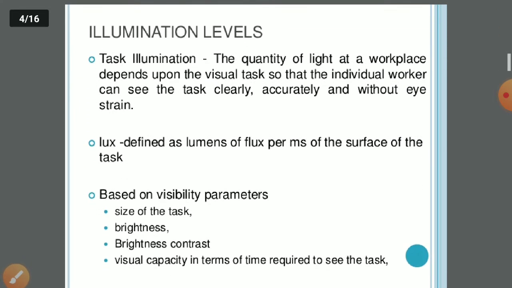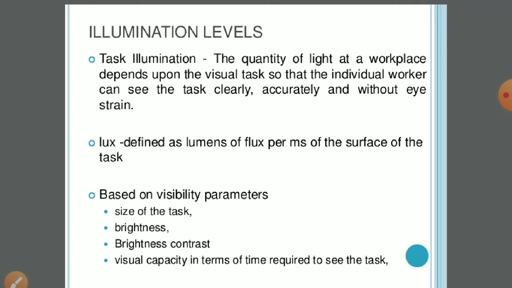There are some factors to be considered while designing an illumination scheme for industries. The first is task illumination. The quality of the light at the workplace depends upon the visual task which you are going to carry out. Depending on the type of work you are doing at the place, the illumination level also differs.